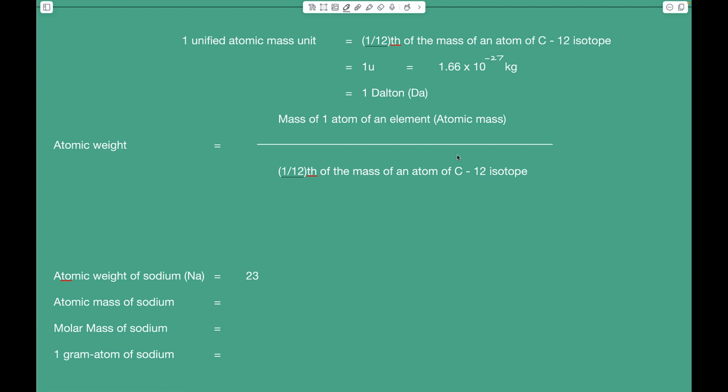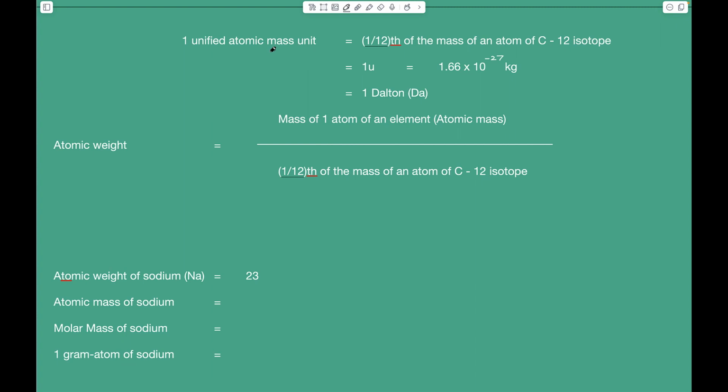To familiarize ourselves with the new and the old vocabulary of mole concept, in this video, let us try to solve some very basic examples in mole concept. And let us start with the definition of the latest standard or reference used for measuring masses of atoms, molecules, subatomic particles, ions, and so on.